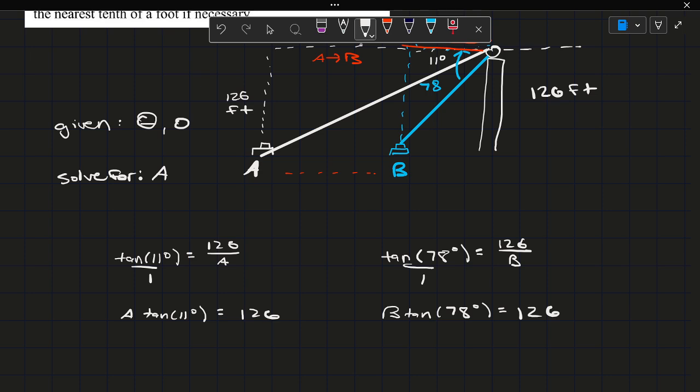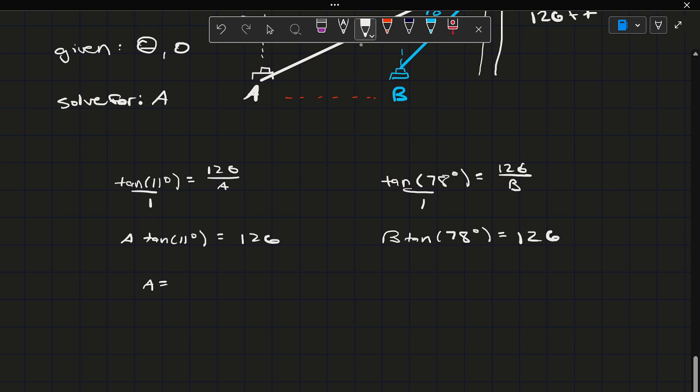So clearly just this worked out is going to be A is equal to 126 over tangent of 11, and B is equal to 126 over tangent of 78 degrees. So let's calculate both of these.